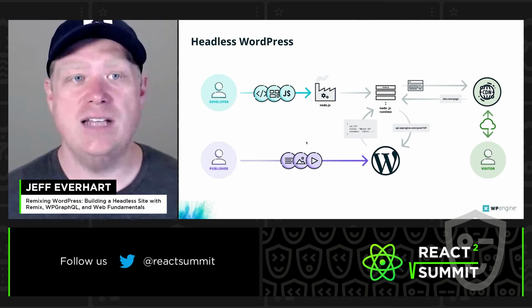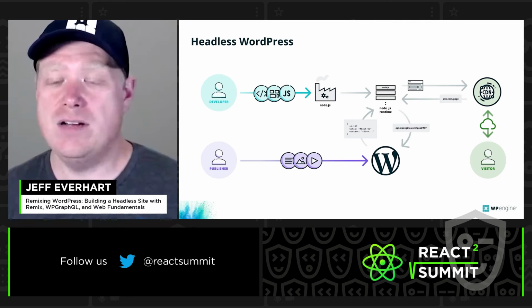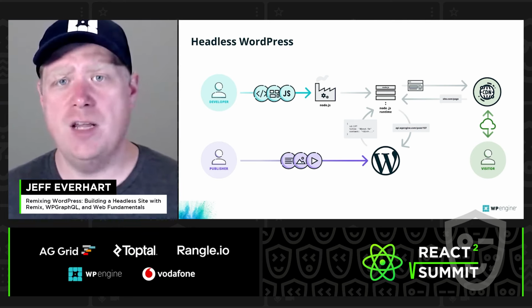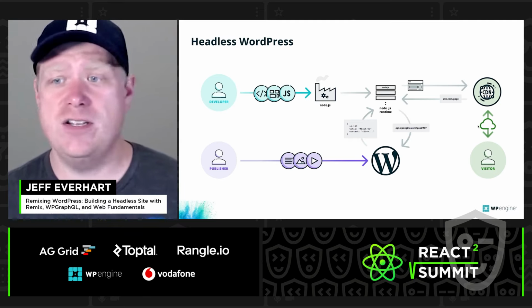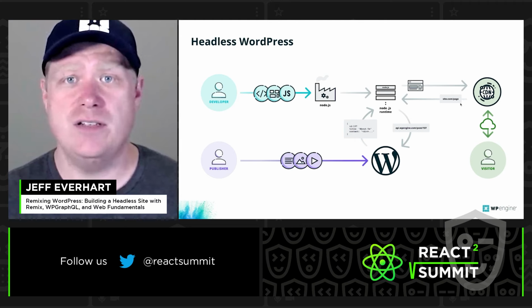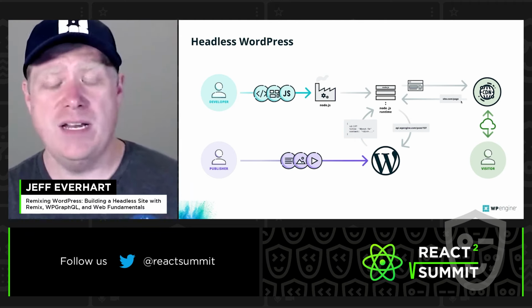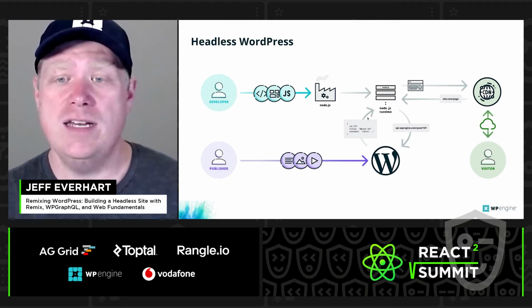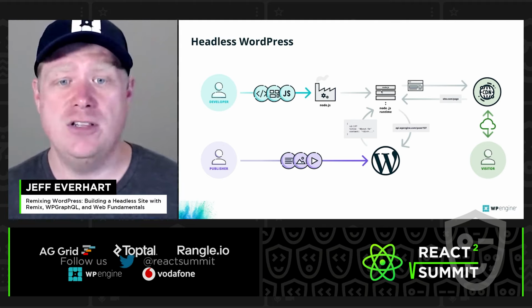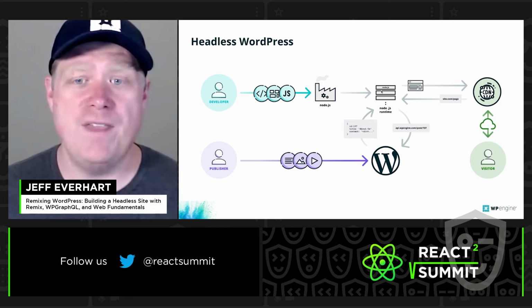Now, when we look at headless WordPress in comparison, that offers the developer a lot of flexibility. The experience for the visitor is still the same. They type this URL into a browser bar, but instead of their request being handled by WordPress core, it is actually handled by an application that we ultimately determine what that looks like.